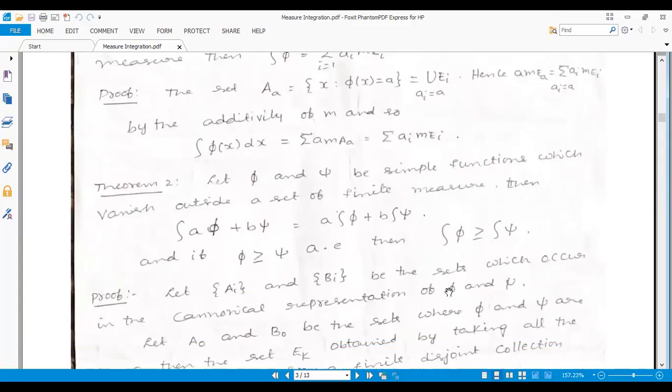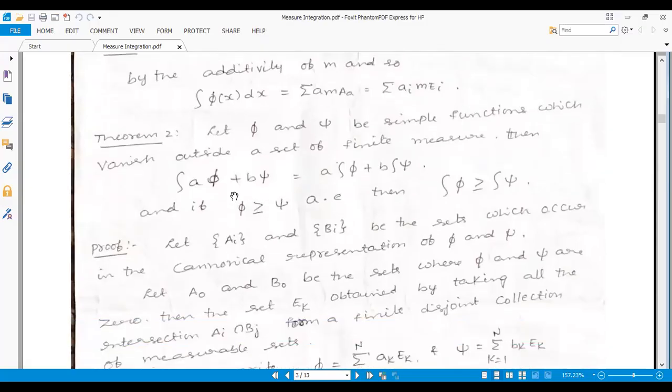Next, this is one of the important theorems for finite measure. Let phi and psi be simple functions. Simple function means each can be represented in a canonical representation, which vanishes outside a set of finite measure. It means inside it becomes a canonical representation, but outside it becomes 0. Then the integral of a phi plus b psi is equal to a into integral of phi plus b into integral of psi.